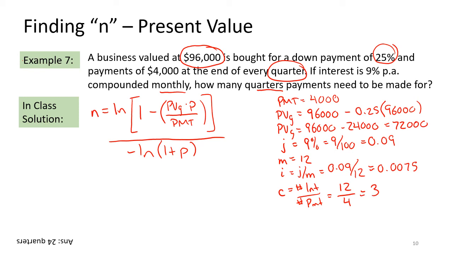So the last item to calculate, your equivalent interest rate P. And that's 1 plus your periodic interest rate to the exponent c, minus 1. In this case, it's 1 plus 0.0075 to the exponent 3, minus 1. And that gives you a value for P of 0.02267.